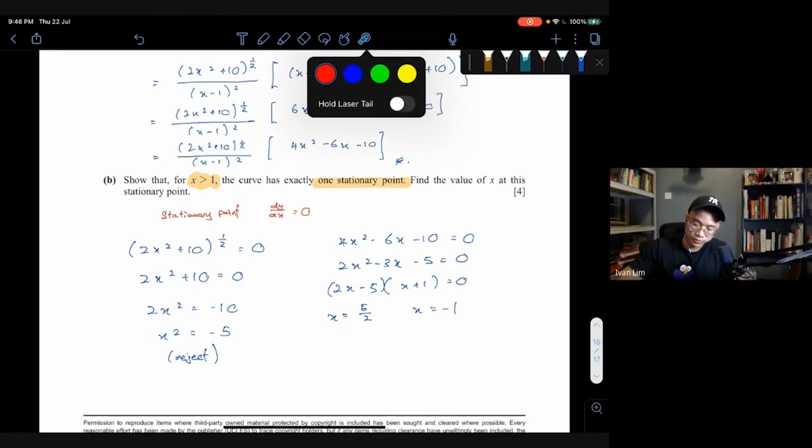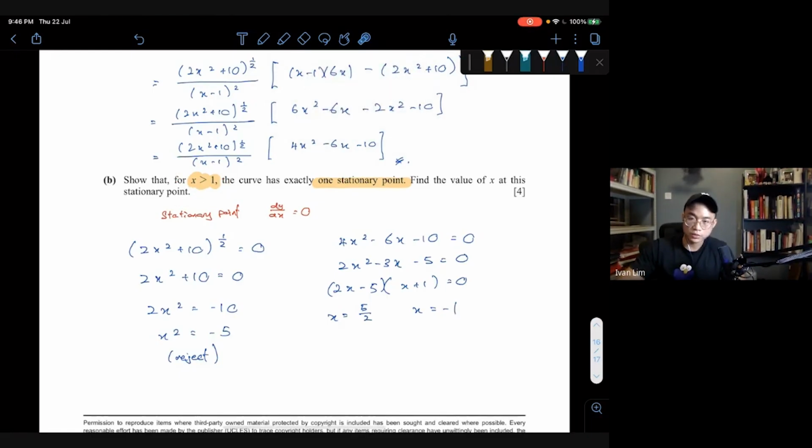The condition is x must be more than 1, so this one is rejected. My only solution is x equals 5 over 2. Okay? This is the end.